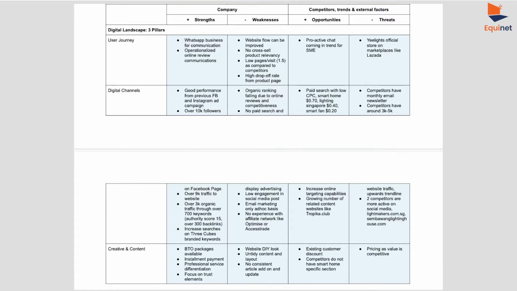Before going to market and digital landscape analysis, first we will look into audience. For both market and 3 pillars, you need to evaluate your company's strengths and weaknesses against opportunities and threats from competitors, trends, and external factors.